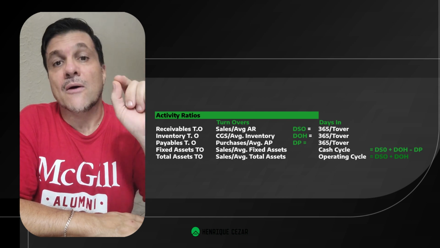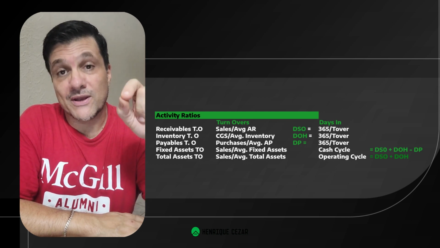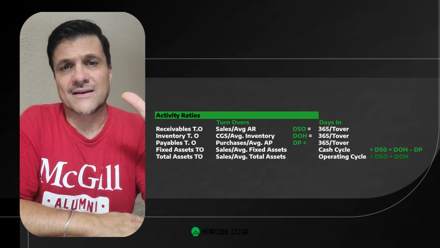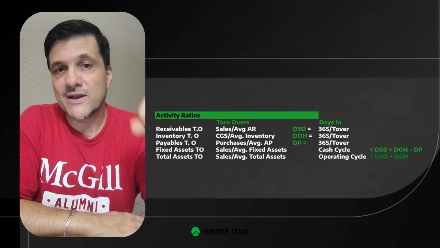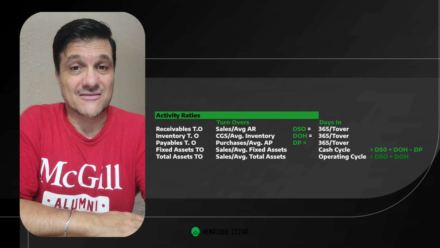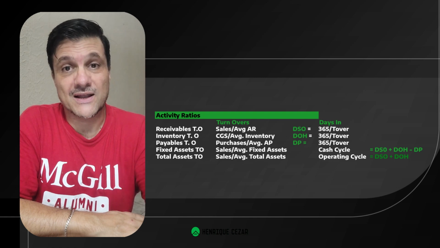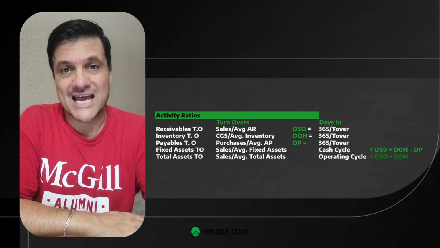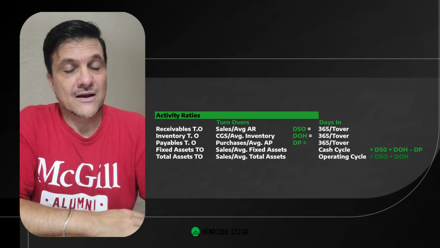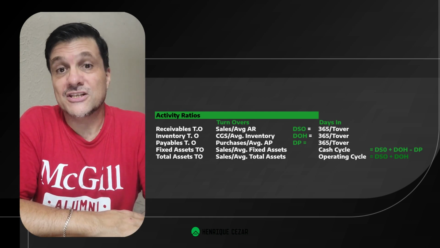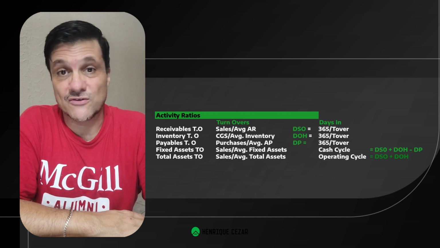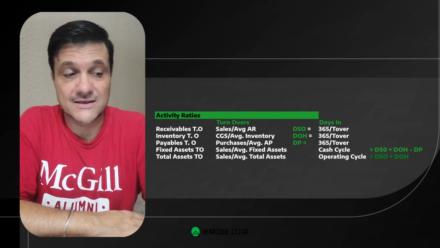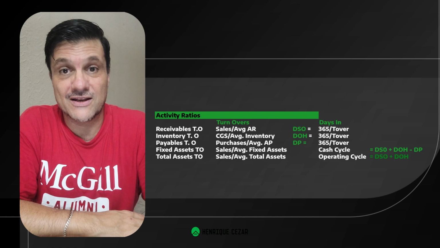There you go. Now, accounts payable turnover, or payables turnover, you don't want it too high, right? Imagine if your payables turnover is 365. That means you pay suppliers every day. That's not a very efficient use of cash, right? That's not good cash flow management. You're paying every day. Could you negotiate and pay every 30 days?